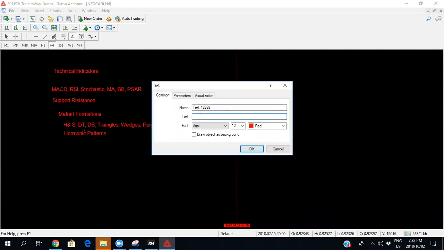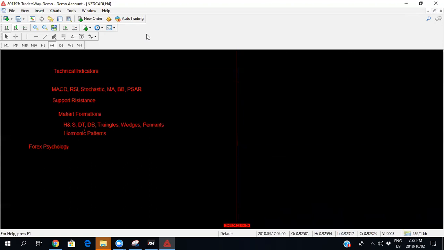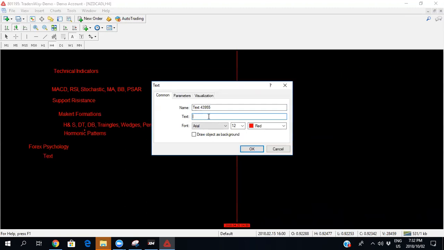It's your forex psychology, which in our course under forex psychology we have trade management, then we have risk management, and then also we have account management.